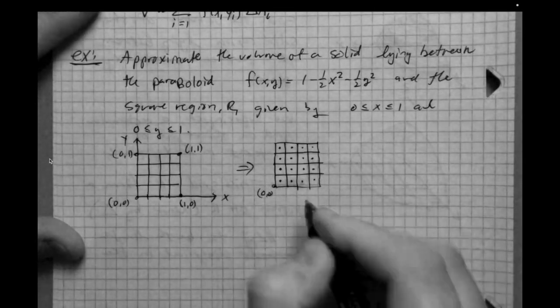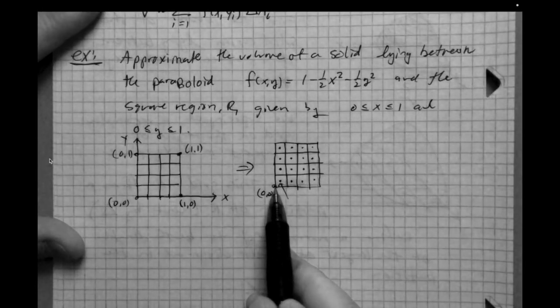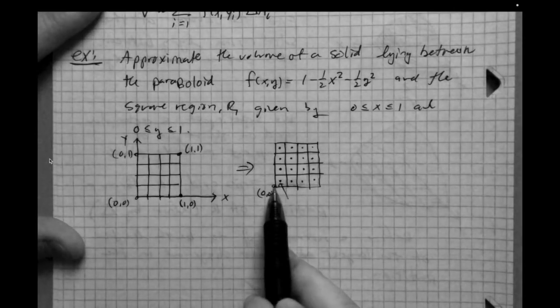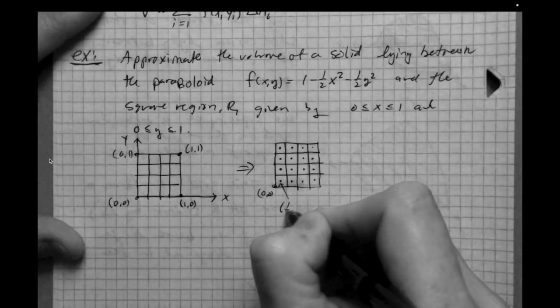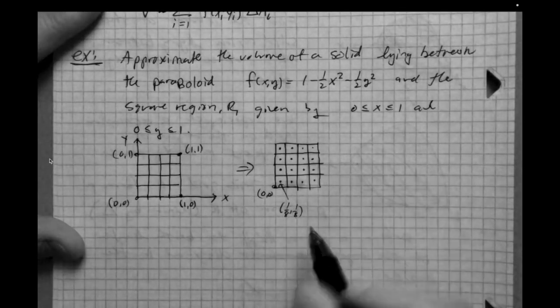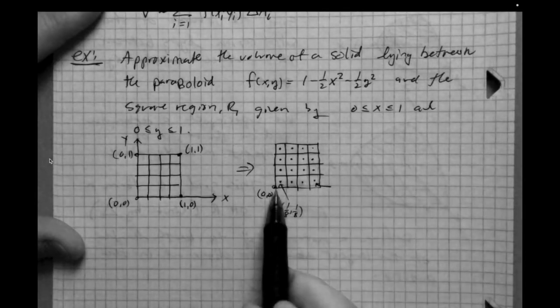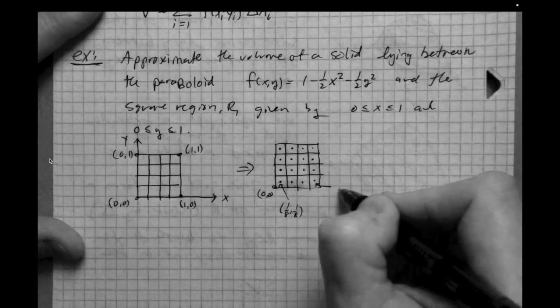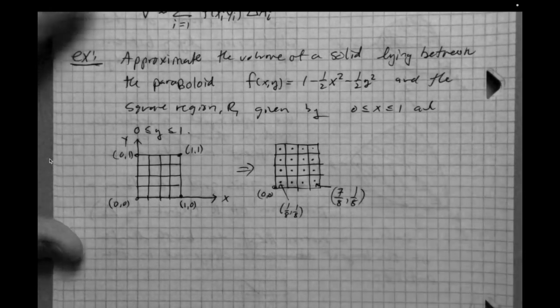What is this point here, for example? Well, this length is 1/4, so it's halfway through that, so it's 1/8 over and 1/8 up. So this would be the coordinate 1/8, 1/8. What about this one here? What is this coordinate? Well, it's 1, 2, 3, 4, 5, 6, 7/8 over and 1/8 up.